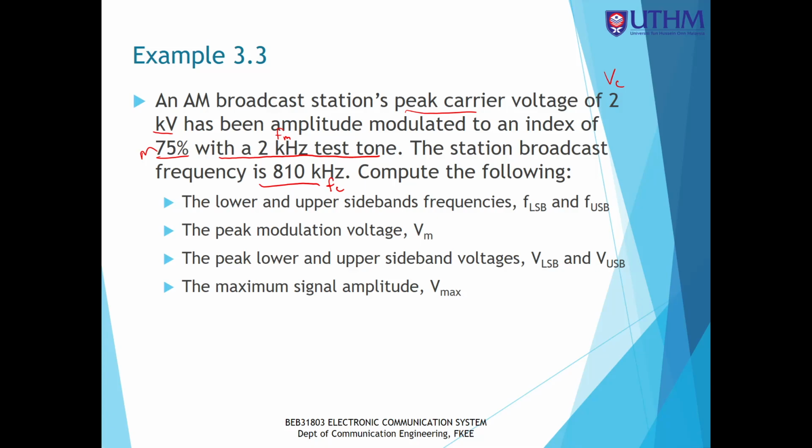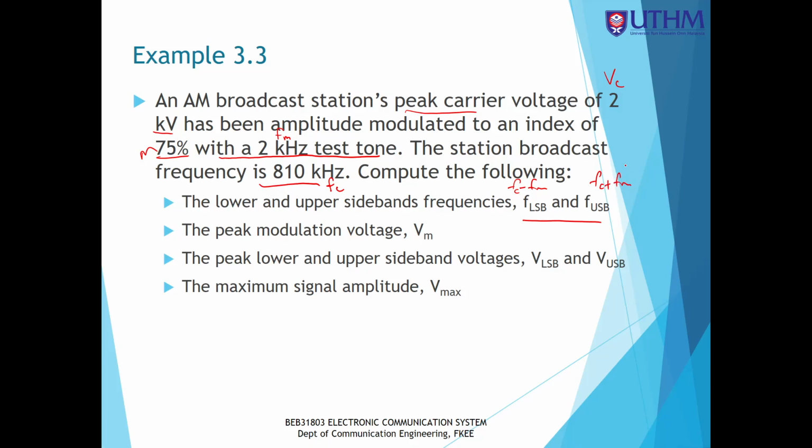Compute the following: the lower and upper sideband frequencies, F LSB and F USB. F LSB is FC minus FM, and F USB is FC plus FM.